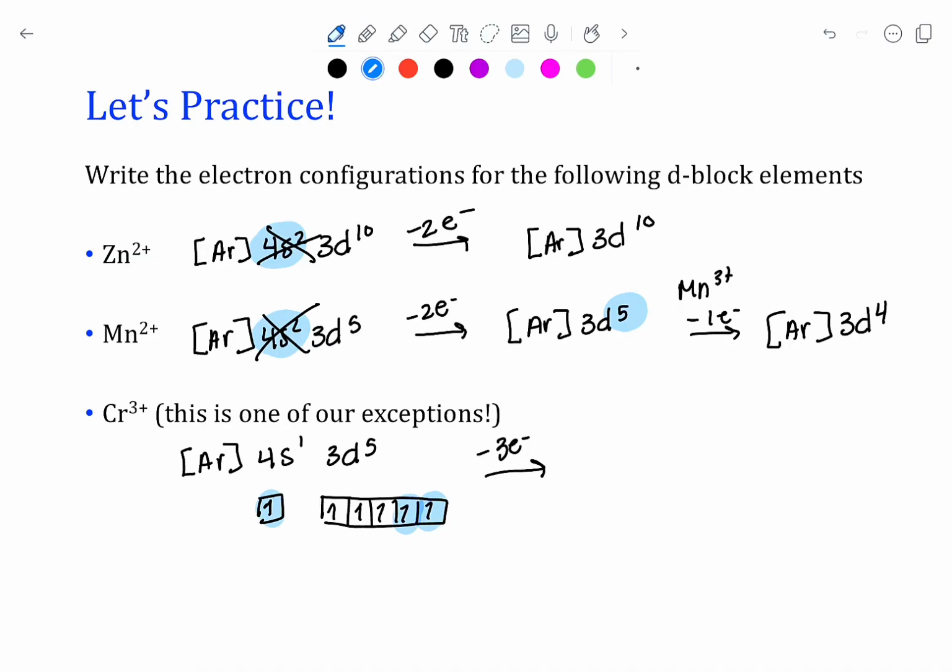So we are going to be left with argon 3d3, because we've removed those electrons. We've gotten rid of that 4s, and we've changed that 5 now to a 3. So we only have 3 electrons left in our d orbital, so it becomes argon 3d3. Okay.